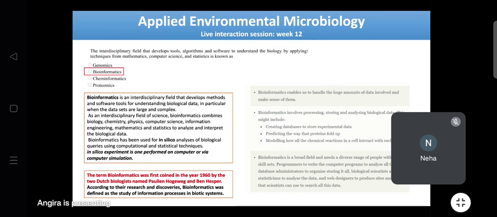This makes you handle a lot of data, and therefore you require a computer to do it, and this work is generally done in silico. So what is it again? This particular field of science combines biology, chemistry, physics, computer science, information engineering, mathematics, statistics to analyze and interpret biological data.